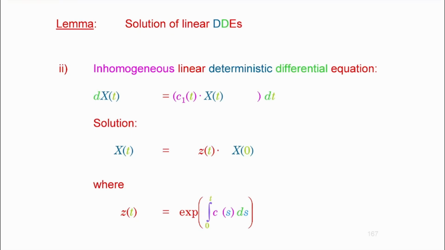One is c1 and the other is c2. As you see, c1 is the multiplicative function, which is a deterministic one, of course. That's going to stay deterministic even if X will be a stochastic process later on. I don't want to mess up the notation, so this is just what you end up with. And c2 is the additive function, and this is all part of the drift.